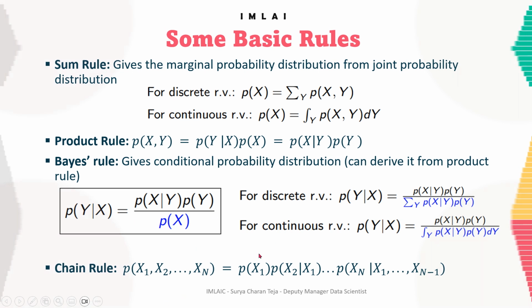So p of x1 multiplied by p of x2 given x1 multiplied by p of x3 given x1 comma x2 multiplied by p of x4 given x1 comma x2 comma x3, and so on, p of xn given x1, x2, x3, and so on xn minus 1. This is our chain rule.